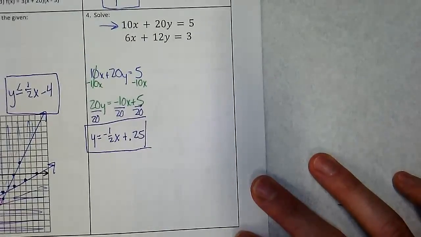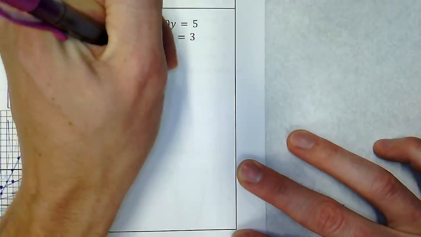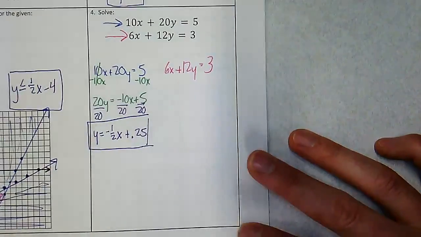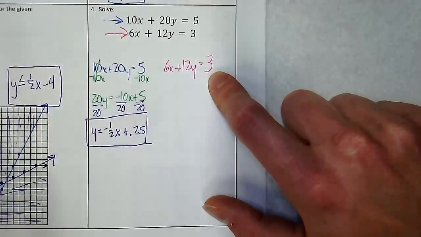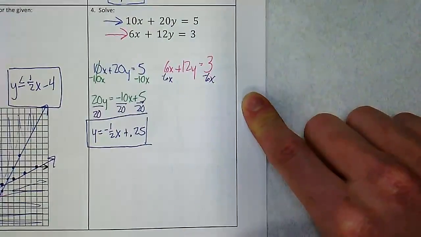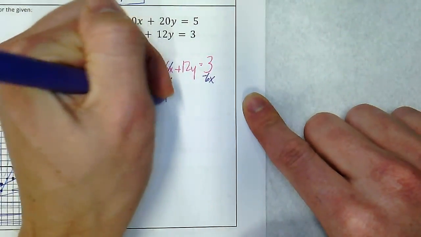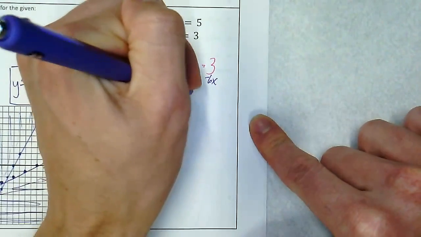Now let's take the other one and solve it for y. 6x plus 12y equals 3. Subtract 6x from both sides. That cancels. 12y equals negative 6x plus 3.